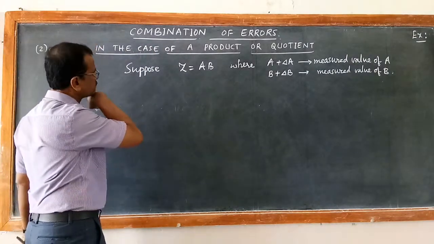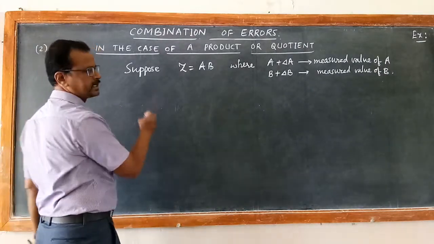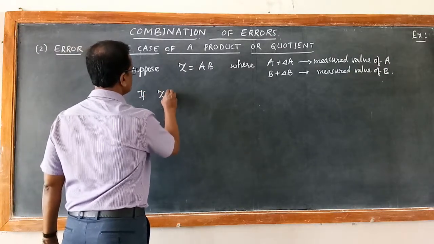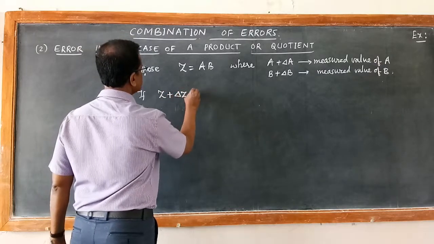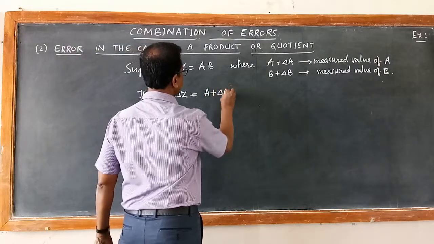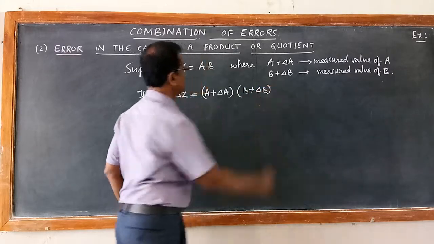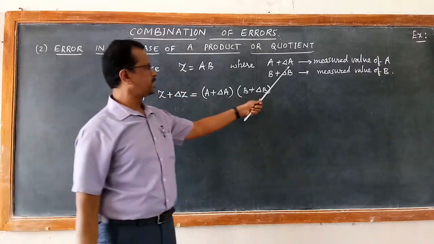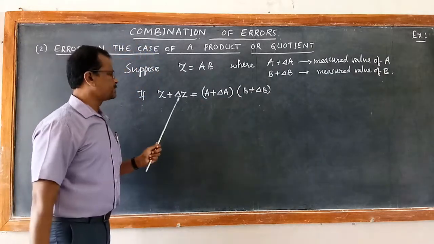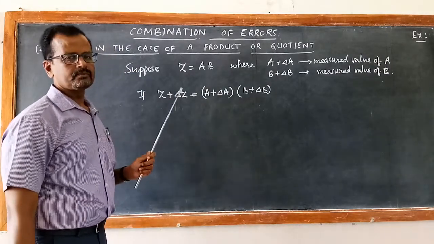So let us suppose the measured value of Z is Z plus delta Z. Then Z plus delta Z should be equal to (A plus delta A) into (B plus delta B). As I said earlier, delta A is the absolute error in A, delta B is the absolute error in B. So the absolute error in the result, delta Z, we need to find out.